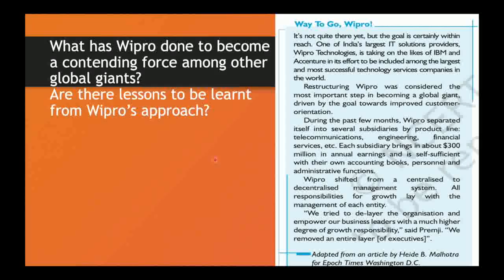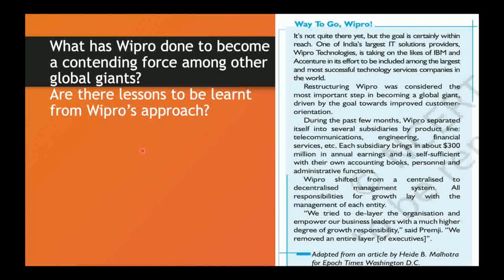So tell me one thing here. Is organizing going to play a significant role in implementation of those plans? What has Wipro done to become a contending force among other global giants? Are there any lessons to be learned from this company called Wipro?